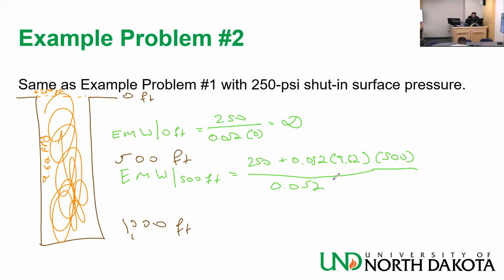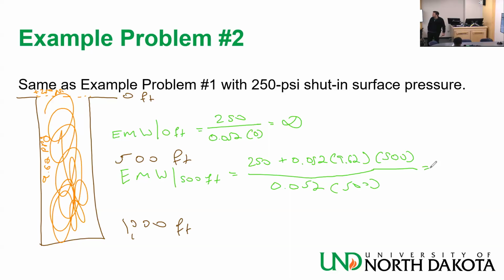And what is the denominator? It is 0.052 times 500. The 500 cancels out. Oops, sorry, no, I lied. Can you do this calculation? The whole numerator on top is basically 500, right?